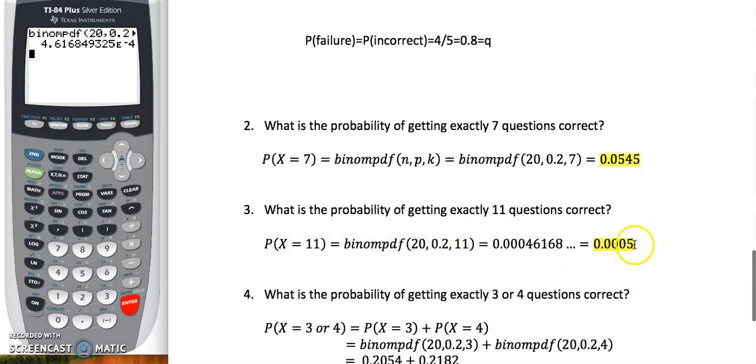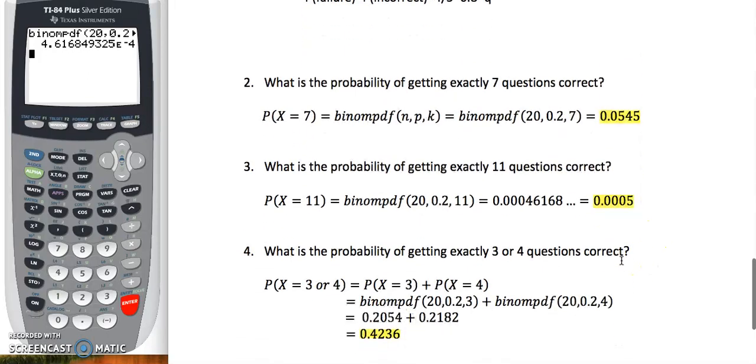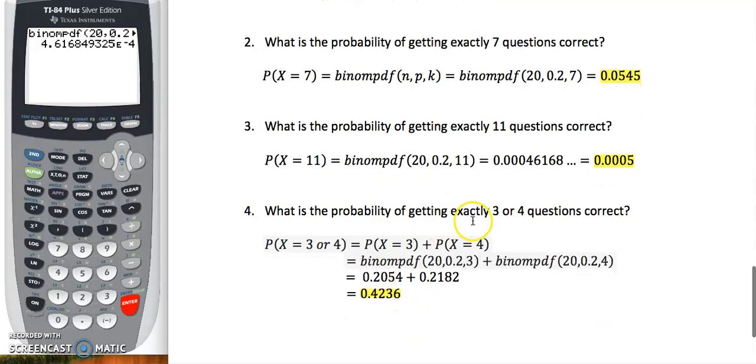Very small probability. And so the last one, what is the probability of getting exactly, and I already have this one written out, exactly 3 or 4 questions correct? Well, this word or, remember, that means we're going to add the probabilities. So exactly 3 or 4 questions correct.